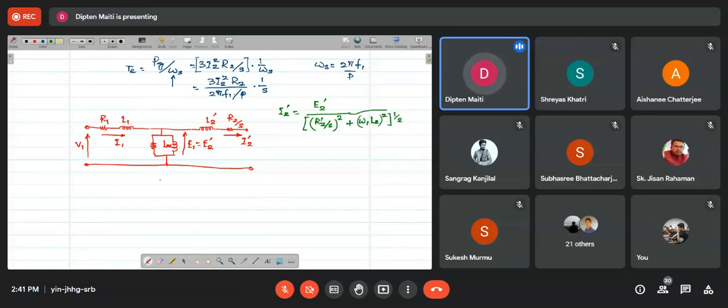So if we put that in the torque expression, the expression becomes a constant, then we have R2 divided by the current.